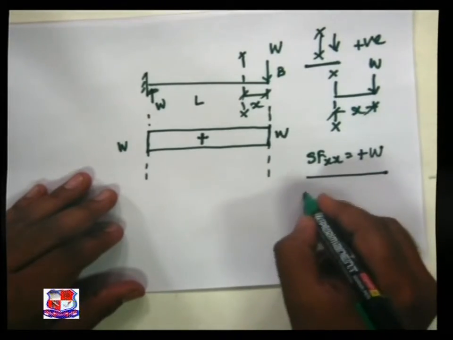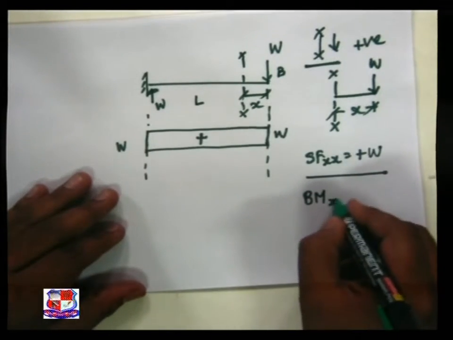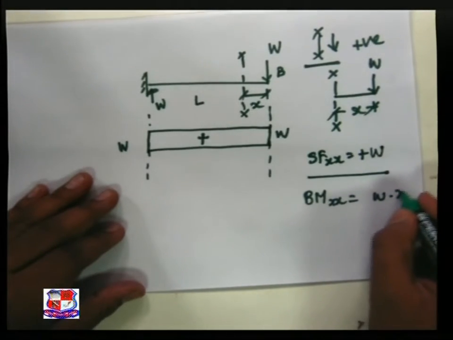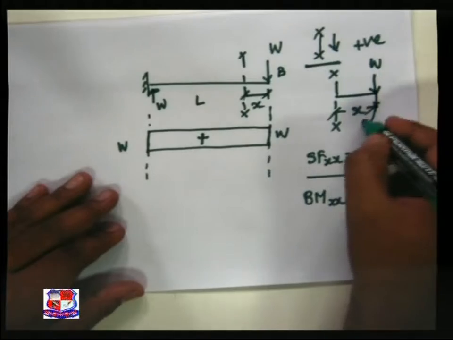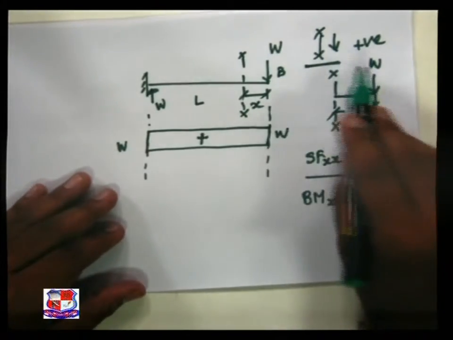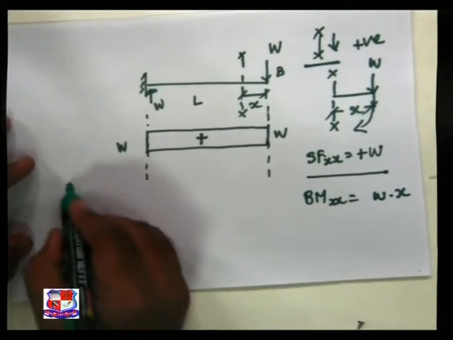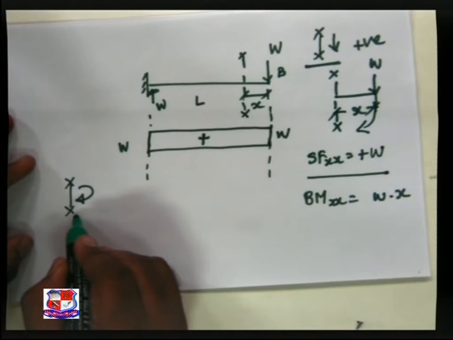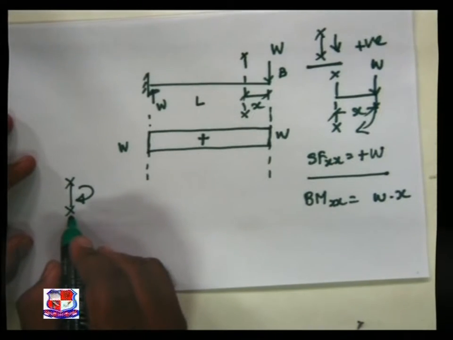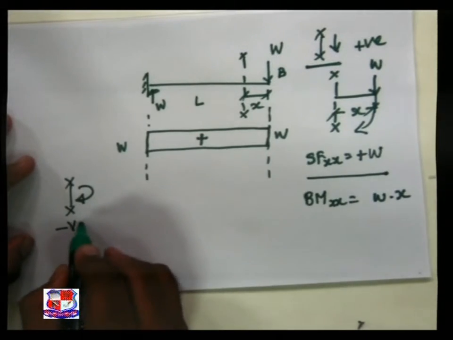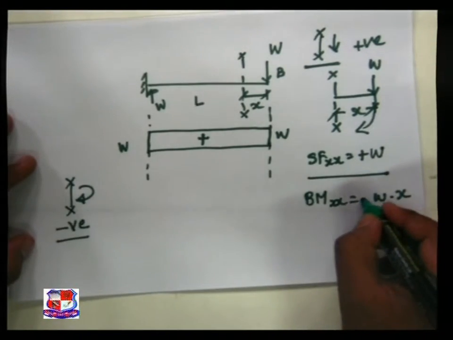Now let us take the bending moment at XX, which is equal to W into X. Section right clockwise. So this is section right clockwise. This creates hogging nature of bending moment, treated as negative, minus Wx.